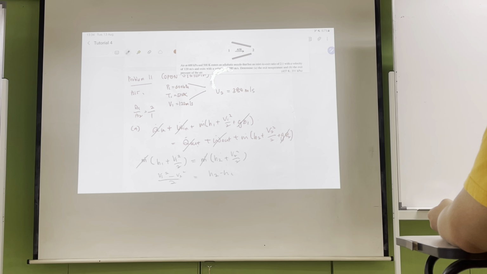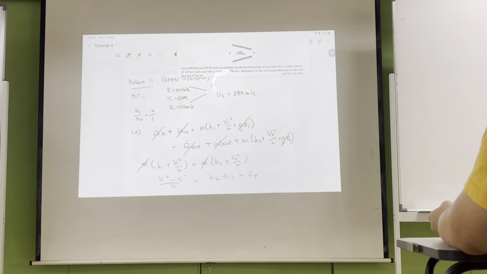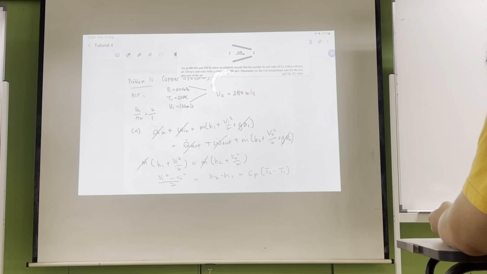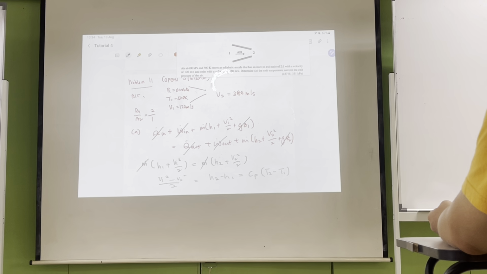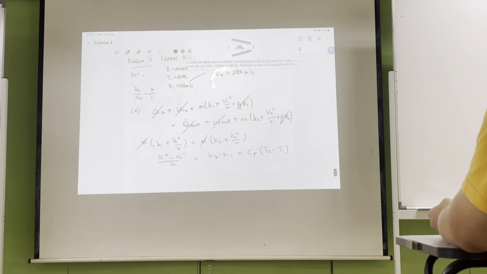h2 minus h1, which also equals, again, this is an open system, this is ideal gas, so Cp (T2 minus T1). Okay, so from here, then you can determine exit temperature, which is T2, right? That is what the question asks for.